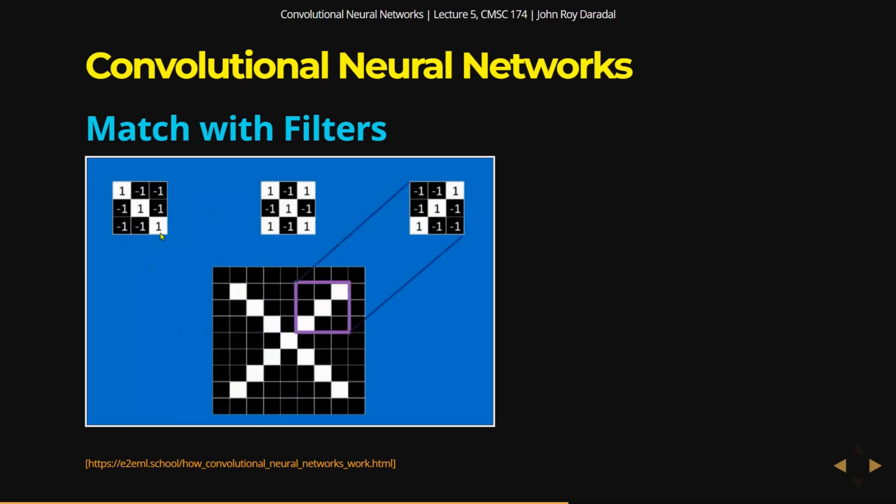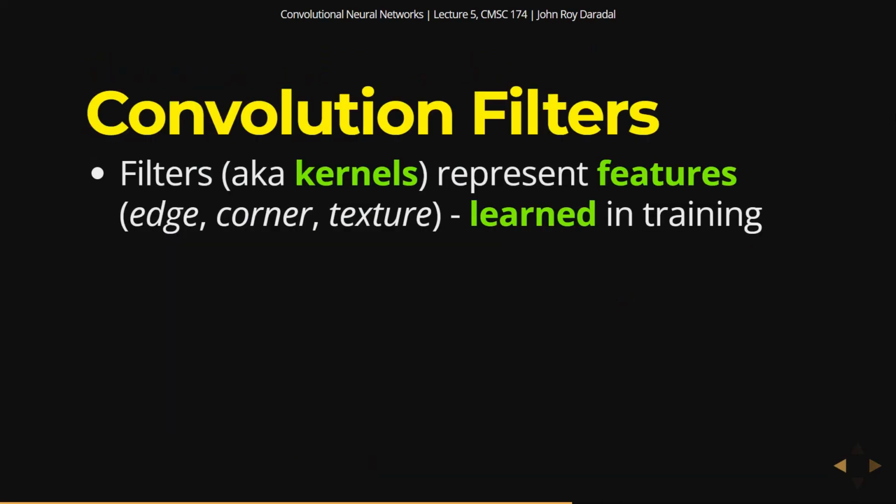Since all three are 3x3 filters, they will match in some parts and not in others, but that's the basic idea. We will match them to local windows in the image. So convolution filters, or filters for short, also known as kernels, represent features. These features could be edges, corners, textures, and so on.